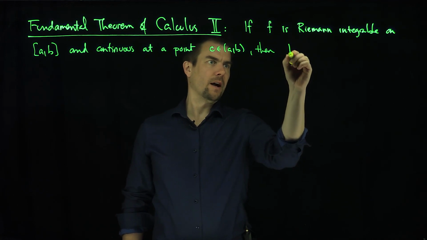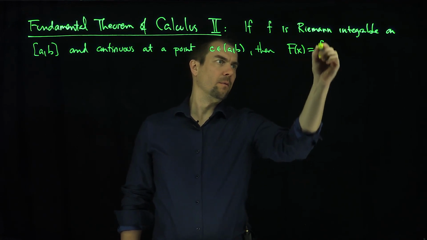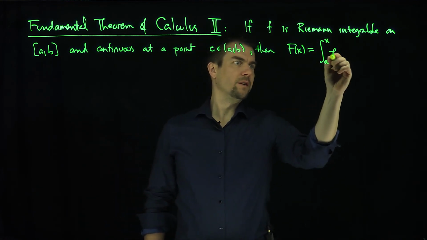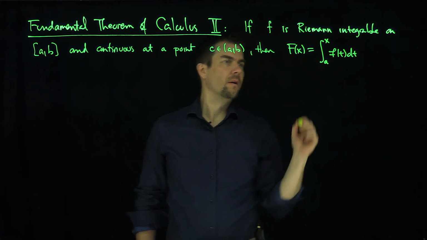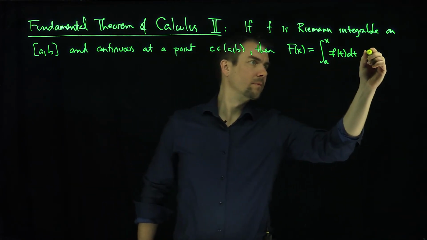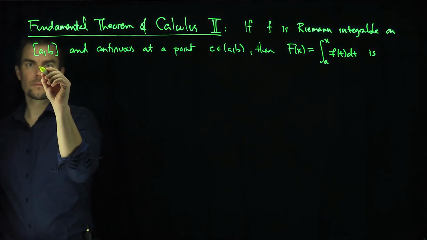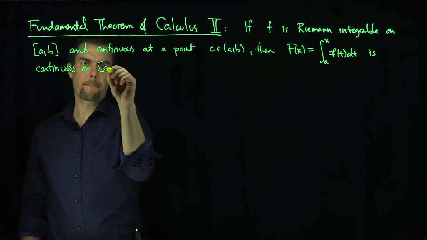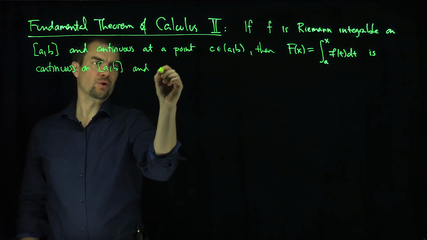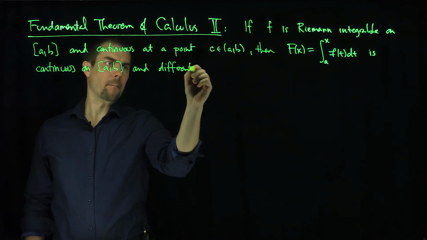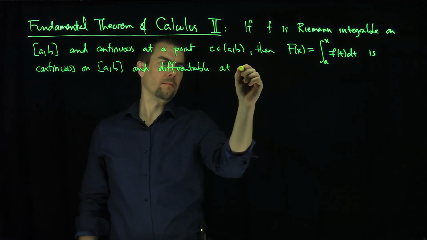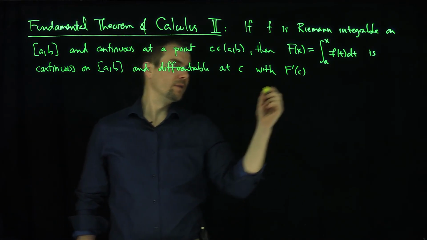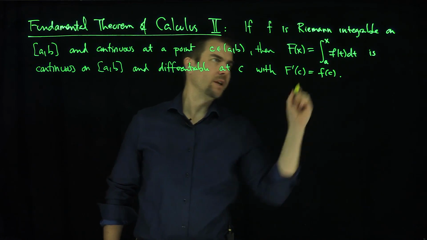the function capital F of x, which is the integral from a up to x of f of t dt, is continuous on the interval [a,b] and differentiable at c, with F prime of c equal to little f of c.